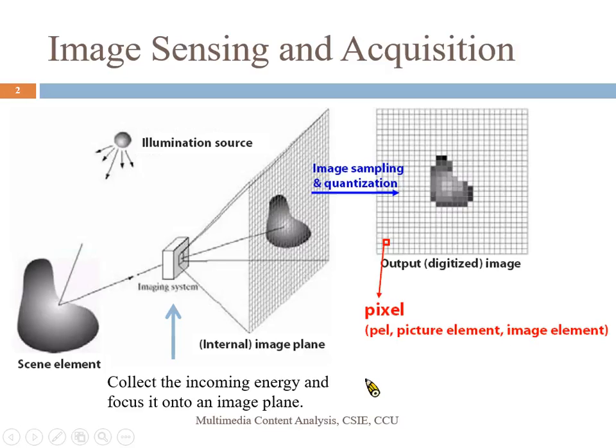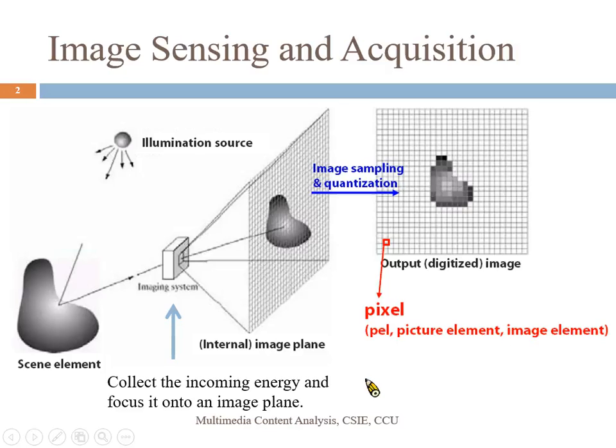For digital images, we have to store the image information in the computer with a finite amount of data. We cannot store an infinite amount of information. So we have to digitize the real world object into digital images so that we can store it.